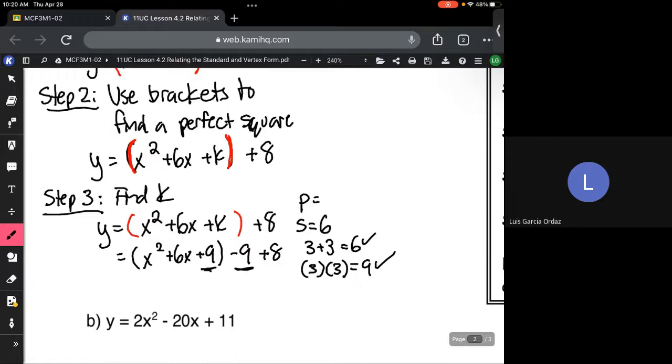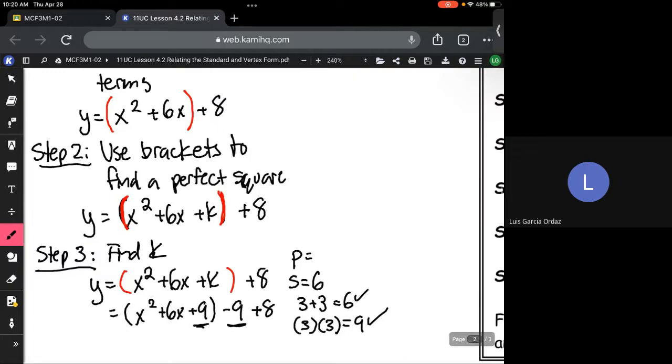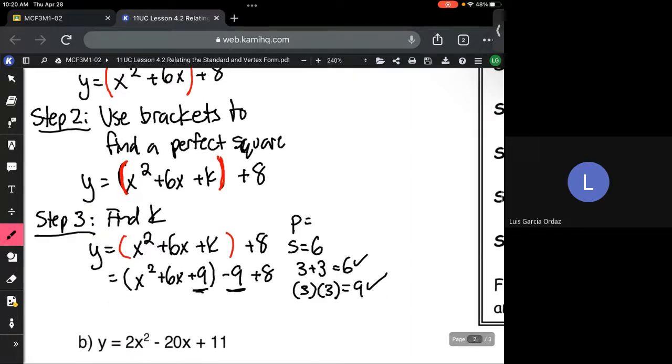Whatever you have on the inside of the bracket as your k has to be on the outside of the bracket as well, except it's negative. So this negative 9 is just the negative of k.